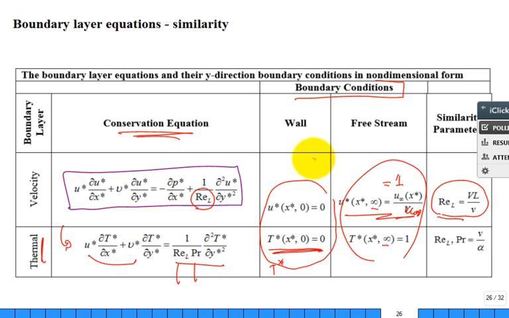So the boundary conditions are the same, the structure of the equations are the same if this term is negligible, and then the Reynolds is the driving parameter in the velocity, and the Reynolds times the Prandtl is the driving parameter in the thermal. What do you want to do? You want to solve this one to get C sub F. You want to solve this one to get the Nusselt number.